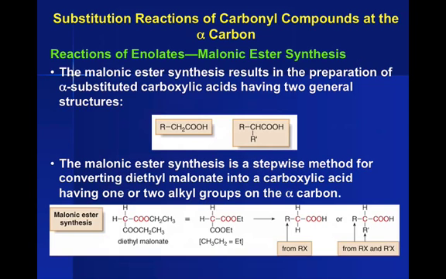Now, we can use malonic esters. We talked about this a little bit last time, so I'm not going to spend too much time on it, but malonates, like diethyl malonate that you see there, those hydrogens are particularly acidic because they're between two esters, between two carbonyls. What's the rough pKa range? Let's just do some simple math.